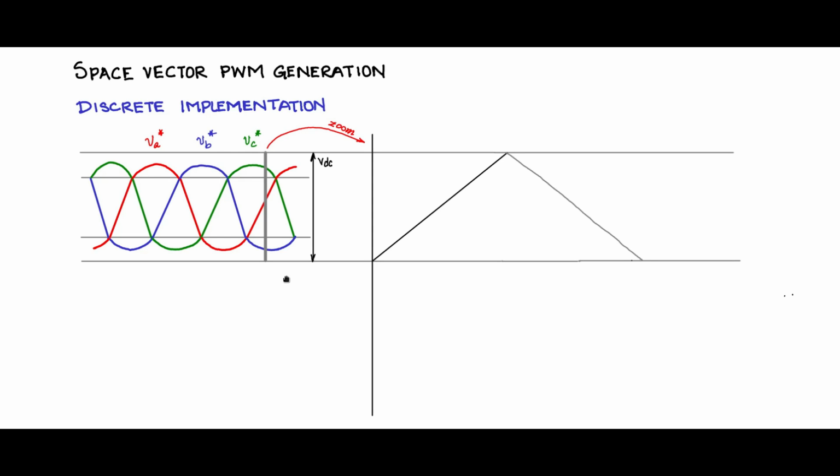It consists of a triangular carrier like that. This time is TS, one switching frequency period or carrier frequency period. We will call that TS.